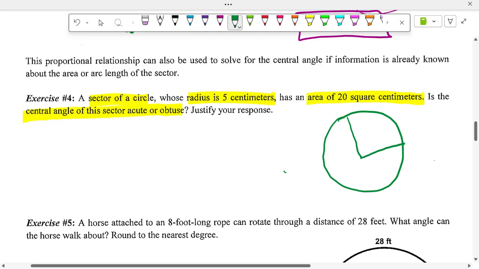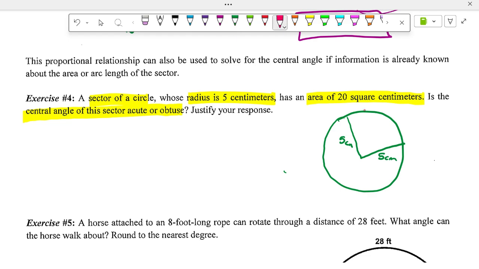They say that the radius is 5 centimeters, so both these lines here are 5 centimeters. They then said that the area of this sector is 20 centimeters squared. And they want to know what this angle is and whether it's acute or obtuse.